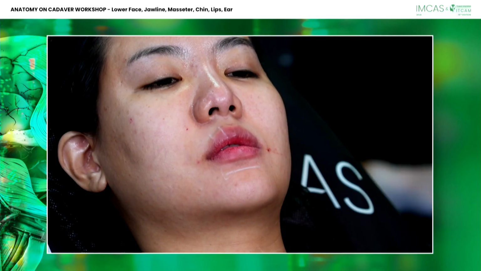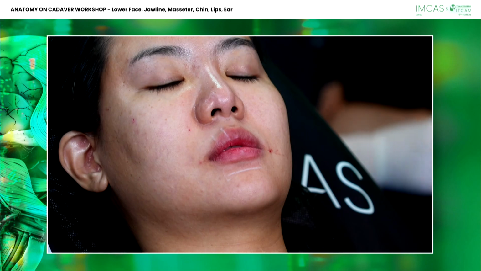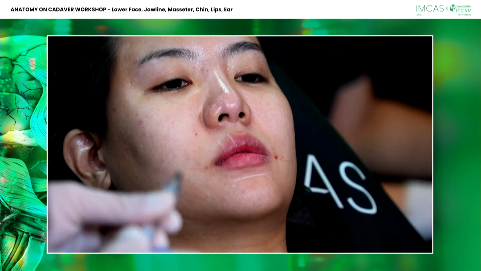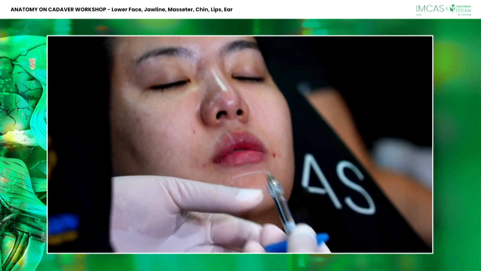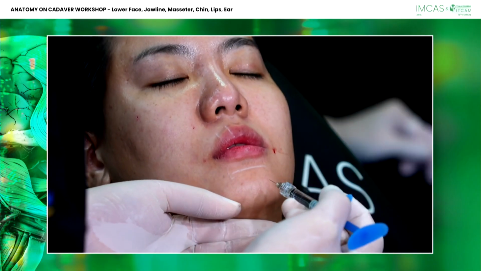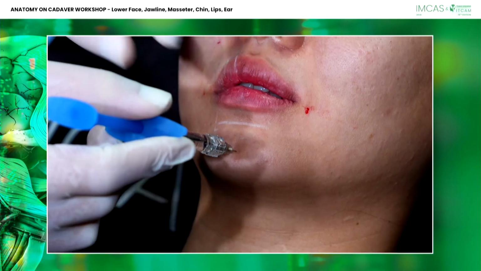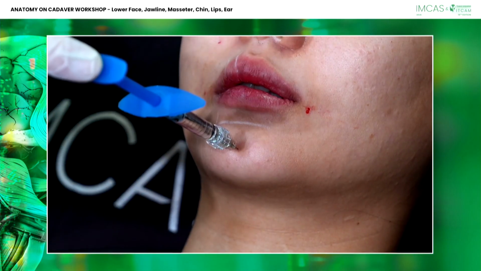Okay, now I'm going to inject her chin to create a round chin and projection. So I go to the midline, use a sharp needle, 20 degrees, like this position.